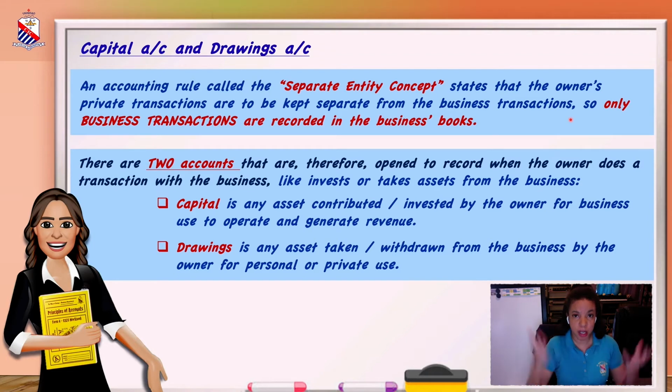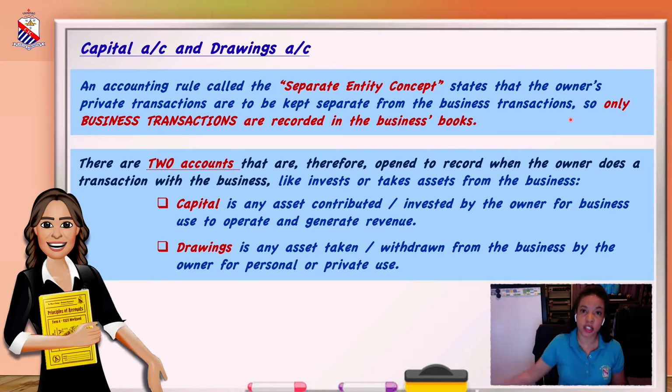Remember, we are keeping private separate from business. They are different. So the owner's private, personal life, whatever he does in terms of transactions, is kept or treated separately from the business transactions. If he takes out an asset from the business for his own personal use, we have to record it because the business is affected.